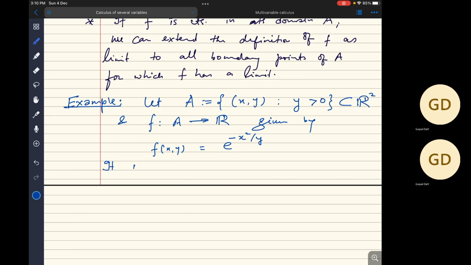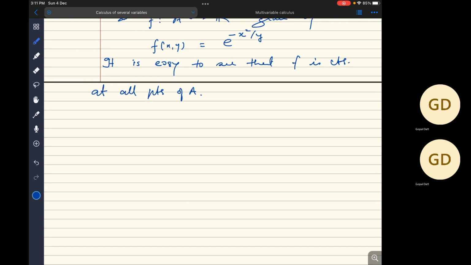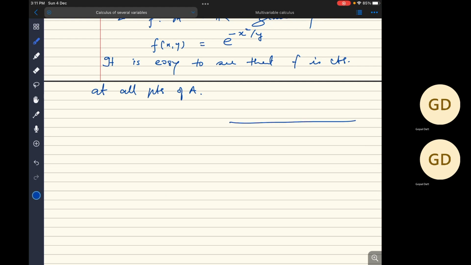It is easy to see that f is continuous at all points of A, means f is continuous in the upper half plane. So what is the upper half plane? Here we have the xy plane R2, and let me draw.